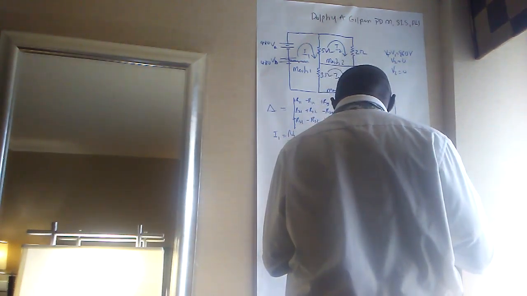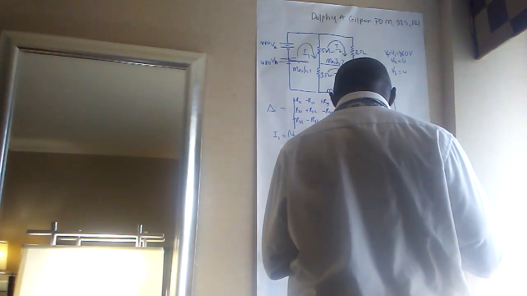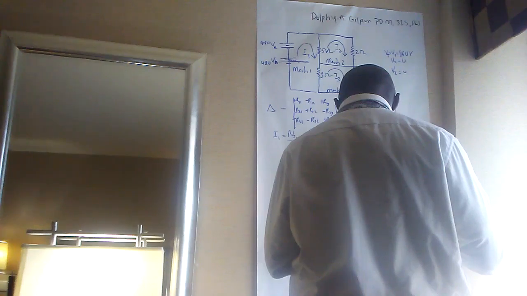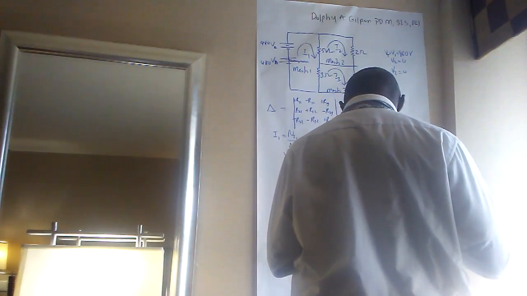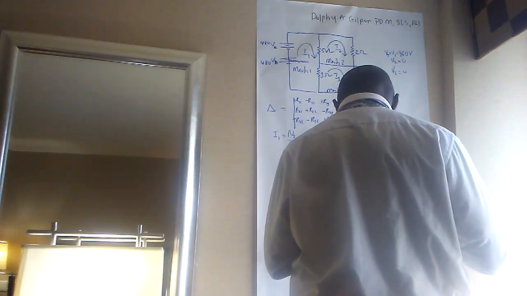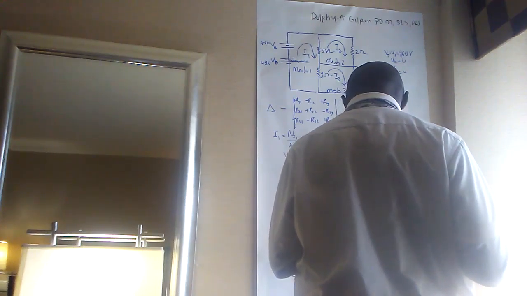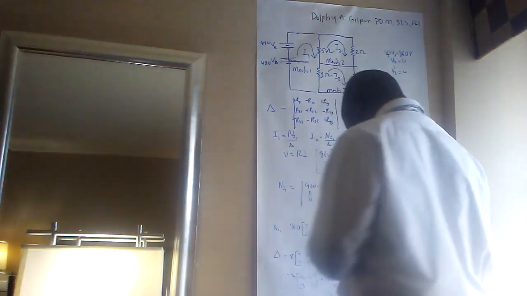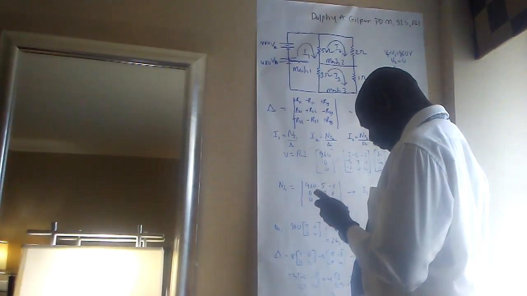So I have now 26,880 divided by 583. Something is wrong here.